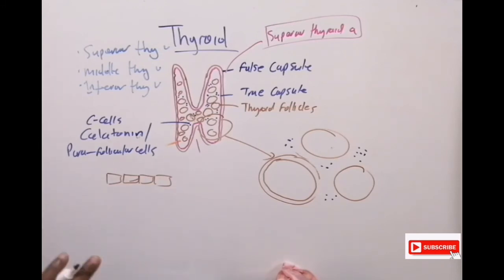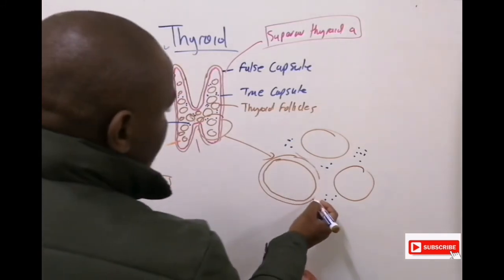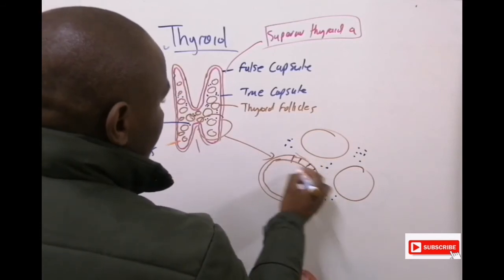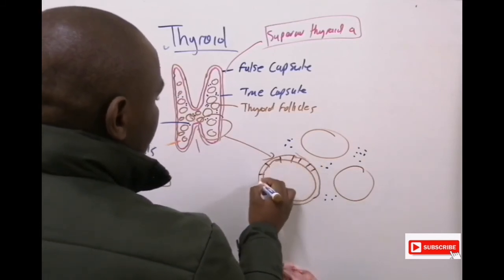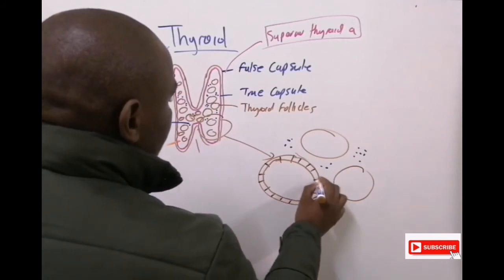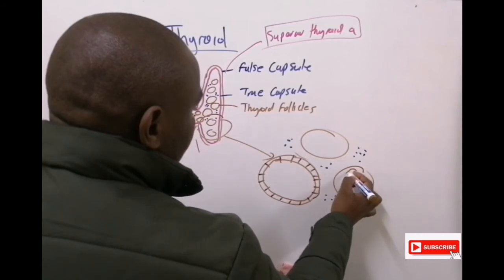The simple just means that it's one layer of cells. Now, these are our follicular cells. This is where the magic happens, done by those cells there.